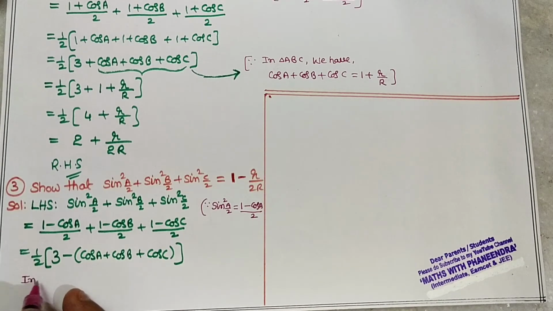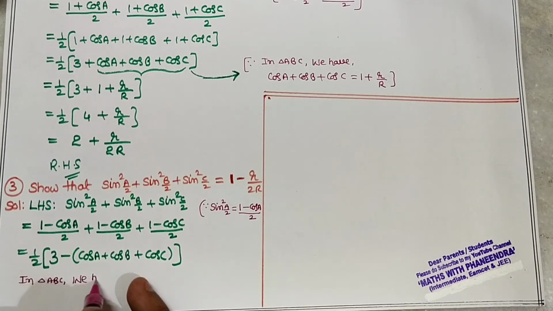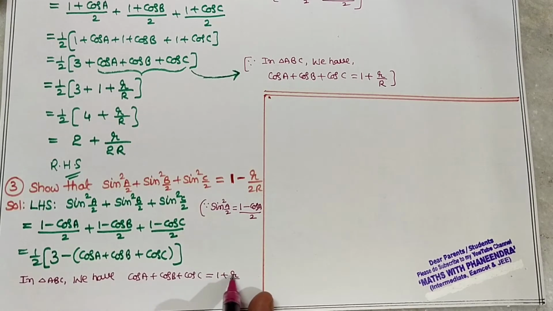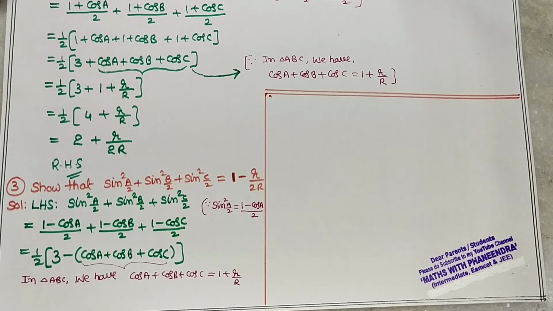So in triangle ABC, we have cos A plus cos B plus cos C equal to 1 plus small r by capital R. This bracket value we are going to convert in terms of small r and capital R in the next step.